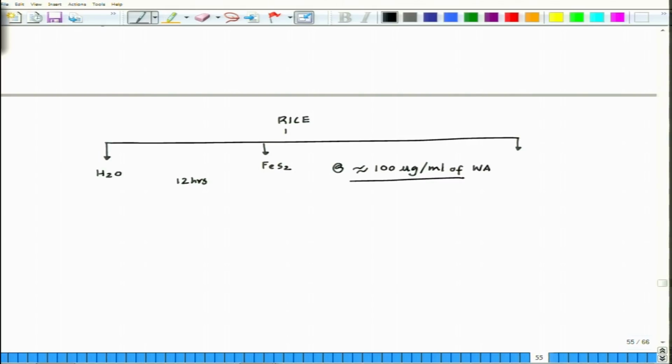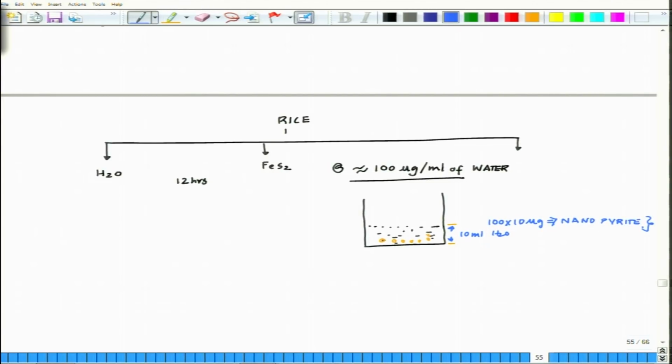water. So, that essentially means, suppose for all the seeds whatever you are going to treat, if you have 10 ml of water, then that will contain 10 microgram of nano pyrite.